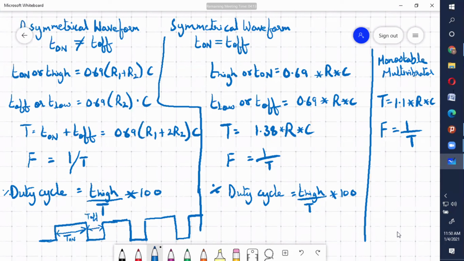Both are different here. In symmetrical, both are the same, of equal sizes. Sometimes instead of T on, we call it T high, where it is high, and where it is low, we call it T low.